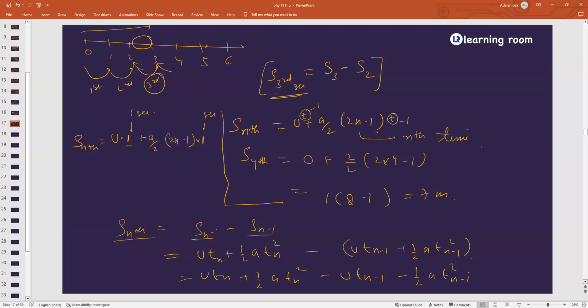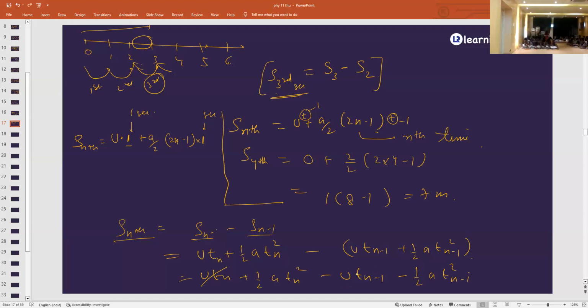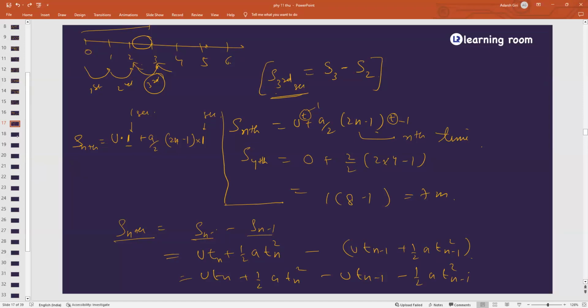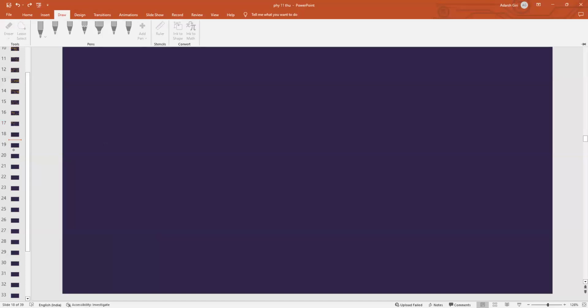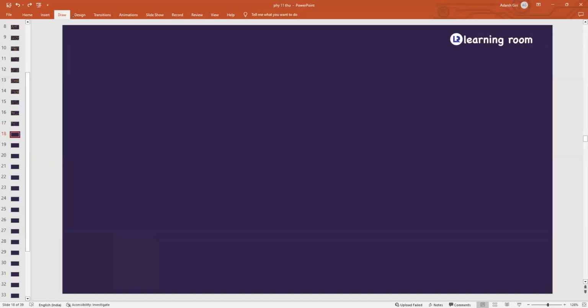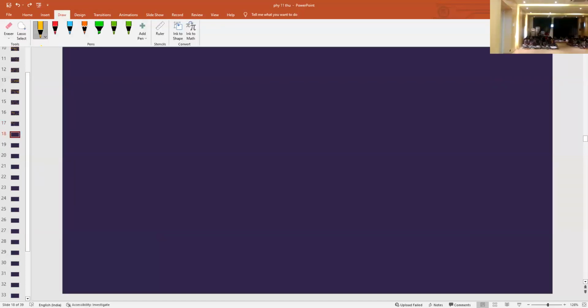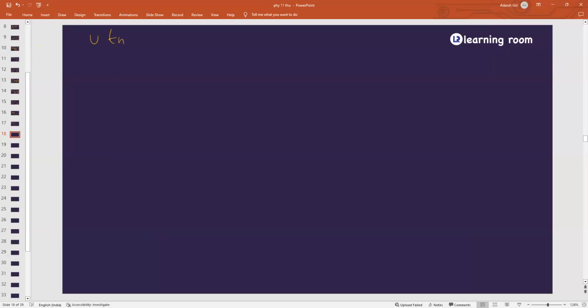This will not get cancelled. If I write it like this, it will be u into tn minus u into tn minus 1 plus half into a into tn square minus half into a into tn minus 1 whole square, right?